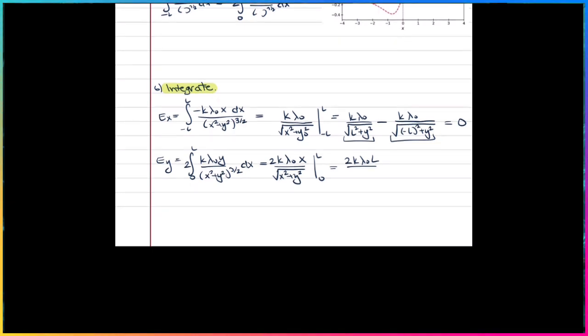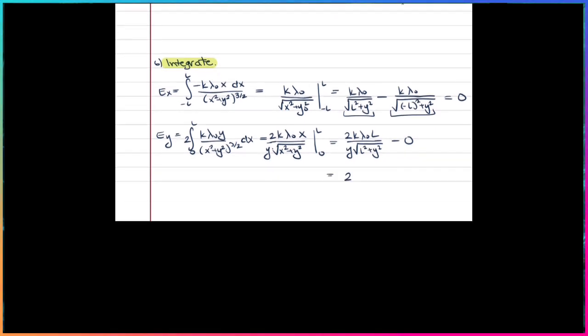And again, here's where it's great, because I can first plug in L for x, so I have 2k lambda naught L over, I lost a unit. The units don't make sense. Oh, there's a y in the denominator, sorry. So it's 2k lambda naught x divided by y, then also in the denominator is the square root.